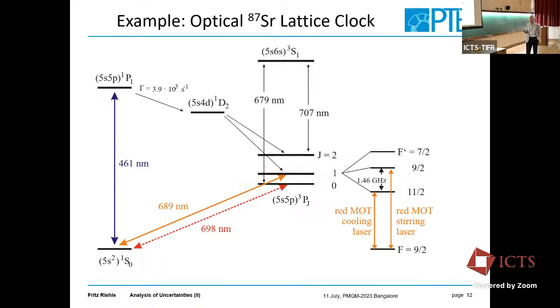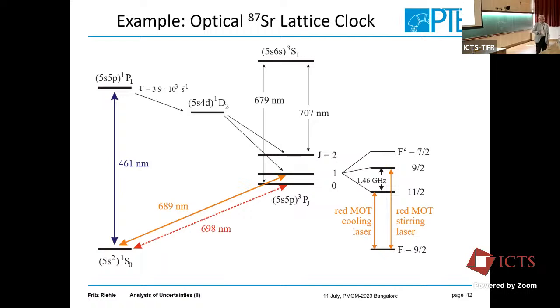But you know from basic atomic physics, it's not possible to excite the triplet P0 state because of the selection rules. Yes, if you add an h-bar omega, the spin of the photon has to be compensated, but 0 to 0 is not possible.